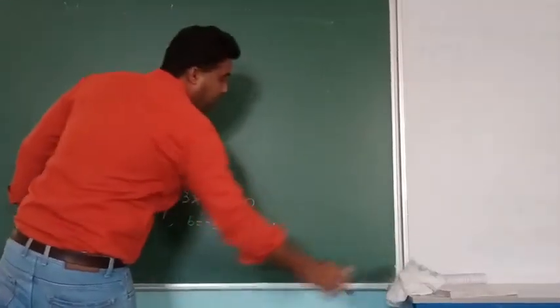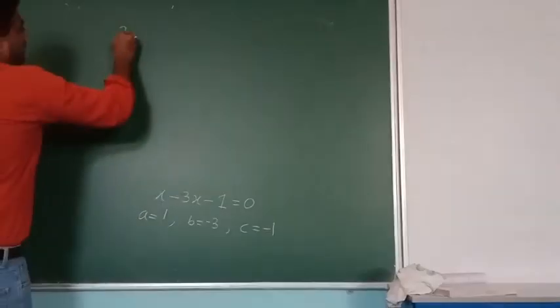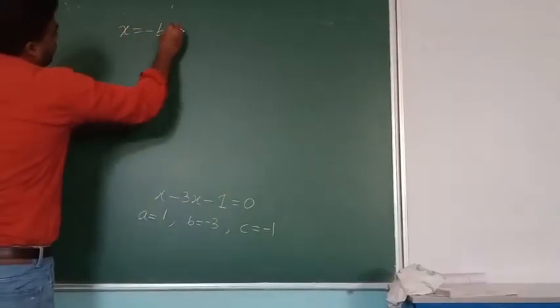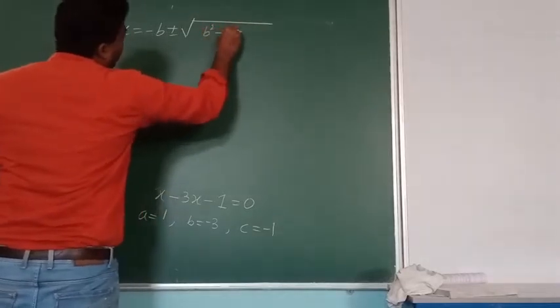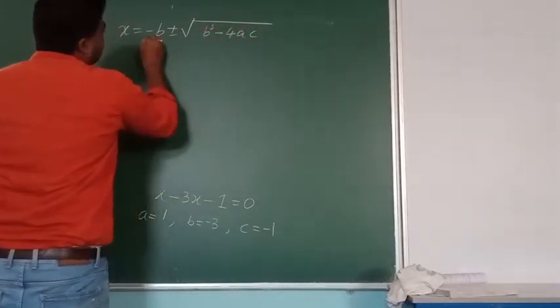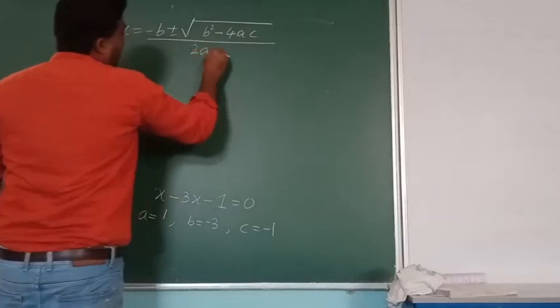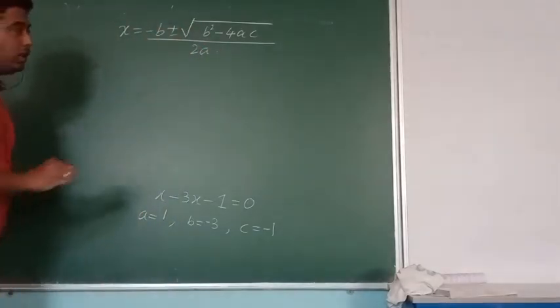What is the formula? You know very well: x is equal to minus b plus or minus square root of b square minus 4ac, divided by 2a. This is the quadratic formula.